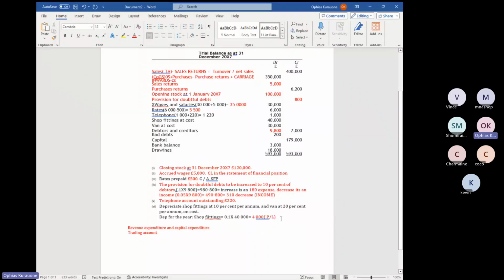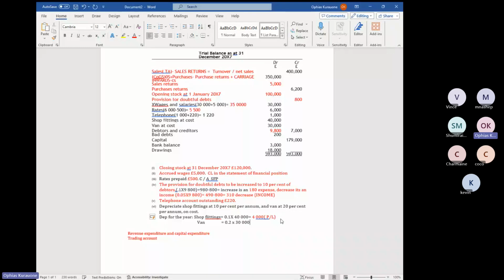Then we go on to the next one. That is 20% per annum. So our van here, that is 20% per annum, that is equal to 0.2 multiplied by the cost, 30,000.